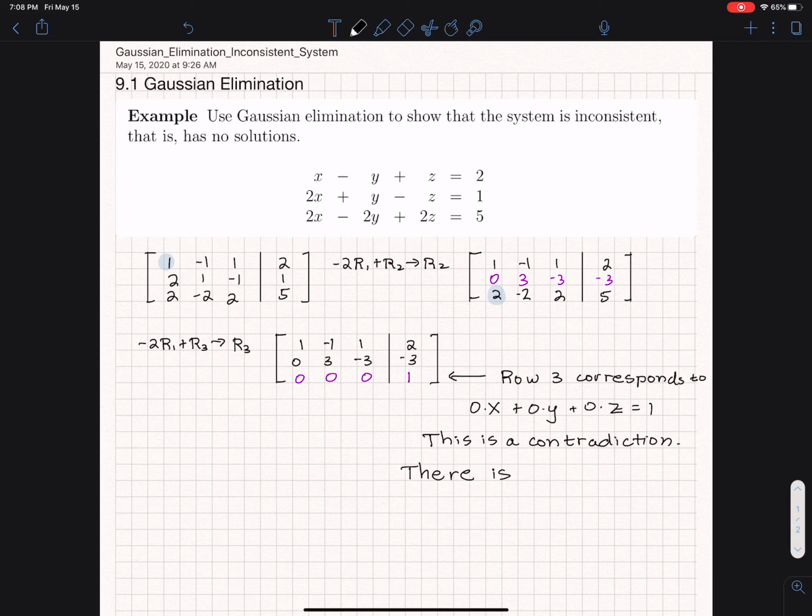What I should say is that there's no solutions, meaning the solution set is the empty set. And so you could say the answer to the problem is that the solution set is the empty set.